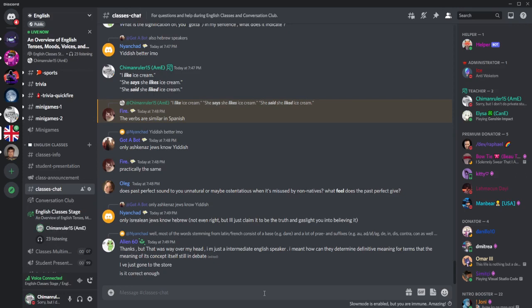Or if the context is already implied, then you can actually leave out that extra part and just have the past perfect by itself. So you can have the past perfect by itself, but the context would need to be implied for it to work. But if there's no implied context, then you need to actually make the context explicit, if that makes sense.